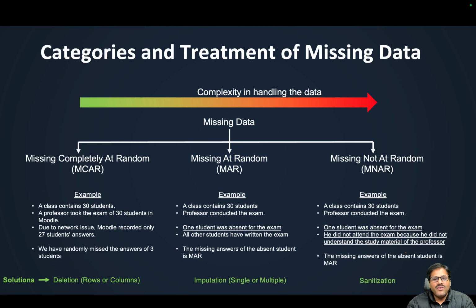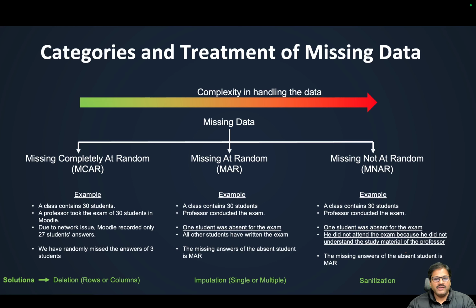If you have MCAR data, we simply remove the rows or columns. Very simple. If the missing data falls in the MAR category, we do imputation techniques. And if the missing data within our database falls in the MNAR category, then we have to do sanitization.